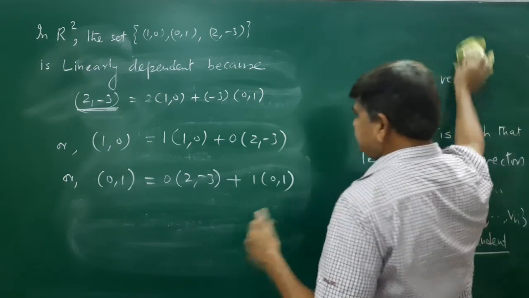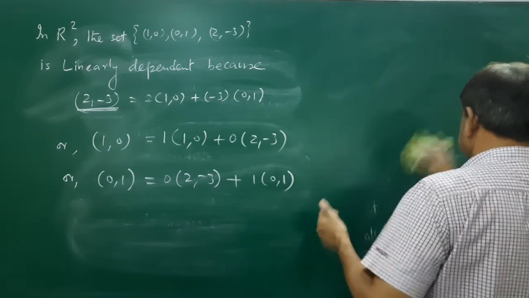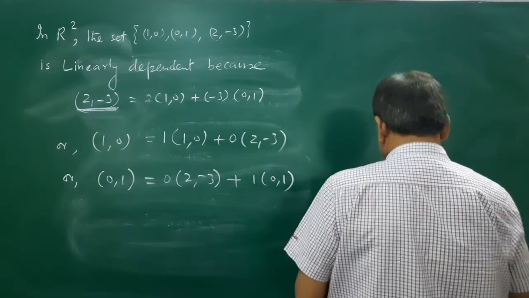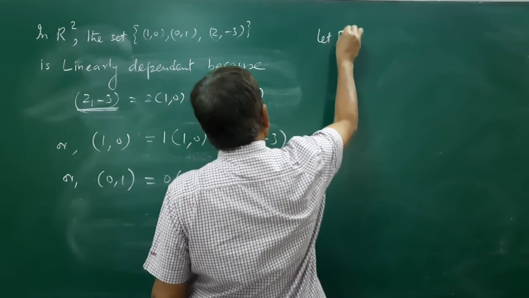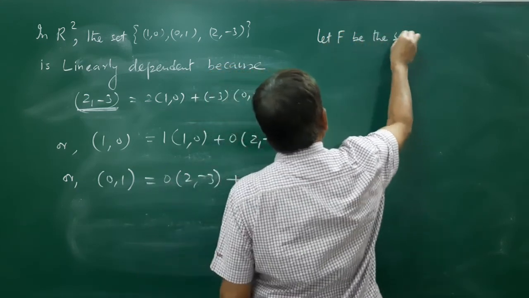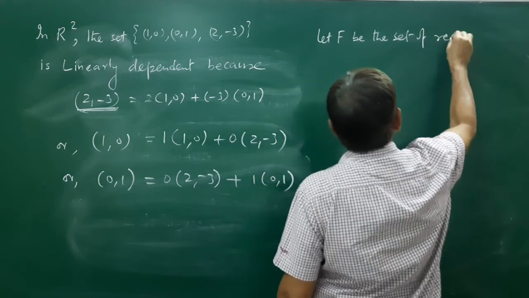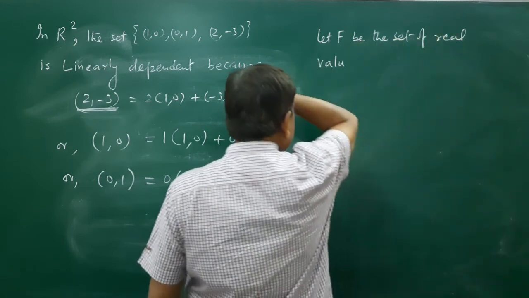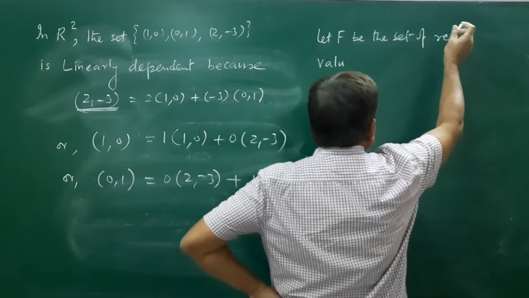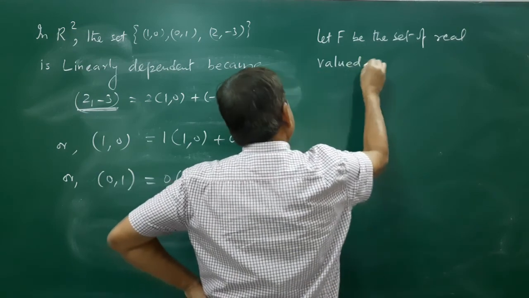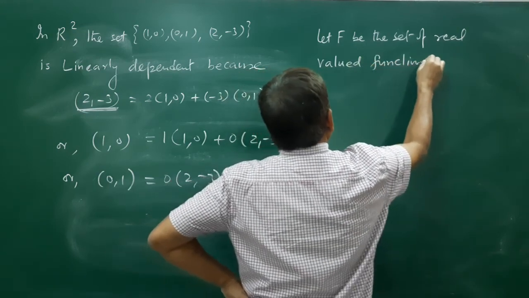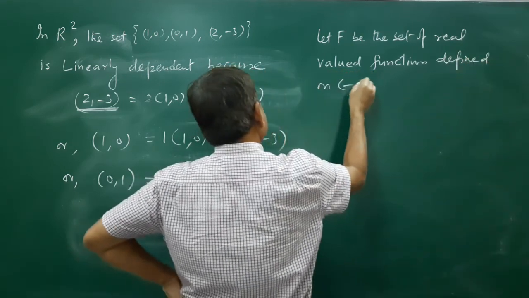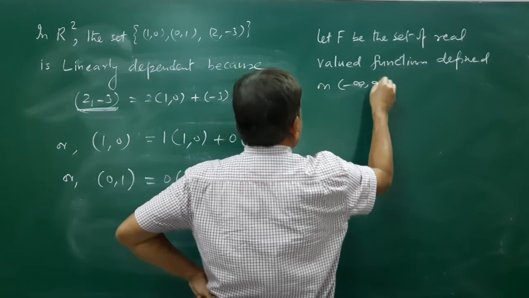See some other examples also. Let F be the set of real valued functions defined on the number line, that is minus infinity to infinity.